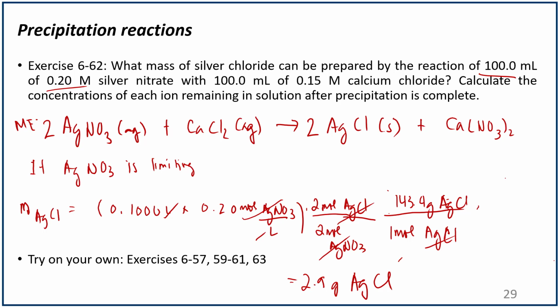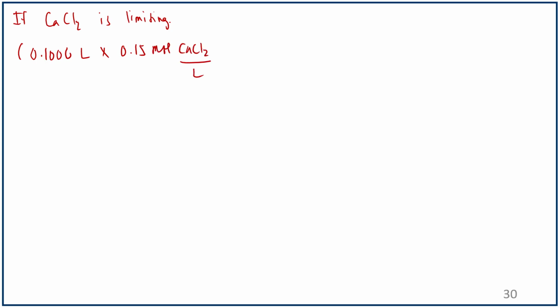We do exactly the same for calcium chloride. If calcium chloride is limiting, the information we have is that you also have a 100 mL volume of solution, so 0.1000 liters, but here the concentration is 0.15 moles of calcium chloride per liter.